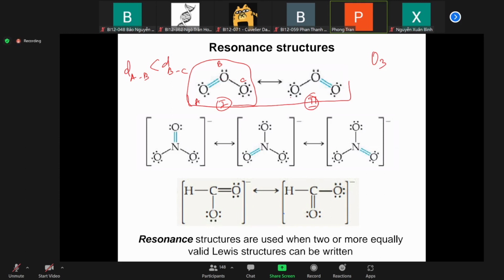Now, if you do an acid-base reaction, for example with H plus, where the proton can attack, you can expect that oxygen C will have the highest basicity. It means it has a higher electron density, so the proton can attack here.